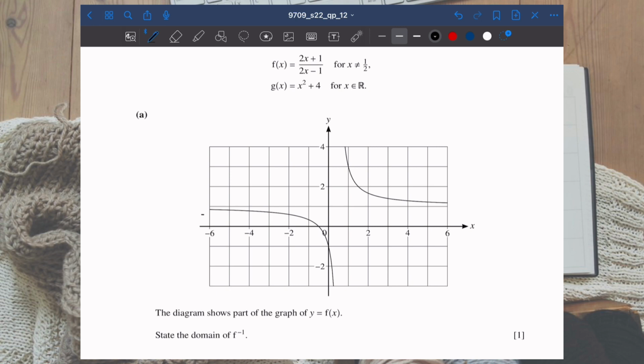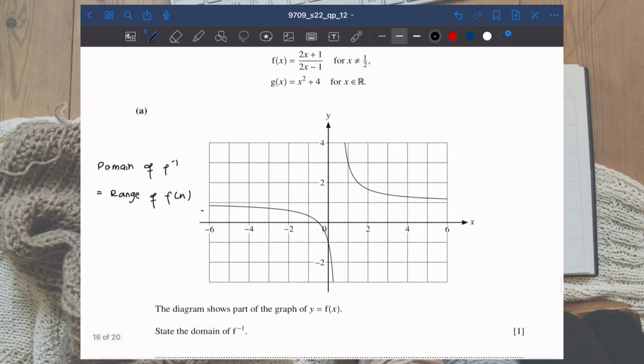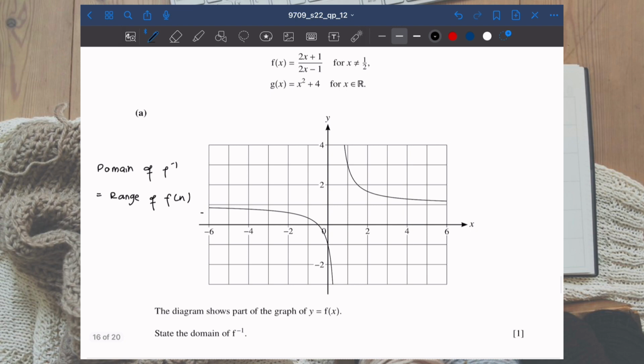So the domain of the inverse is actually equal to the range of f(x). So we can use the graph to find the range of f(x).